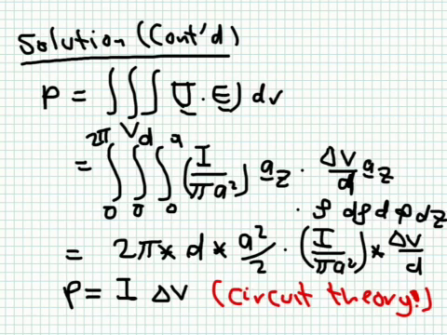Now things start to simplify because the integral over phi will give you 2 pi, so I take this one out. Then these are all constants. There is no function of phi or z. The integral from 0 to d of dz will give you d, so I take that one out.